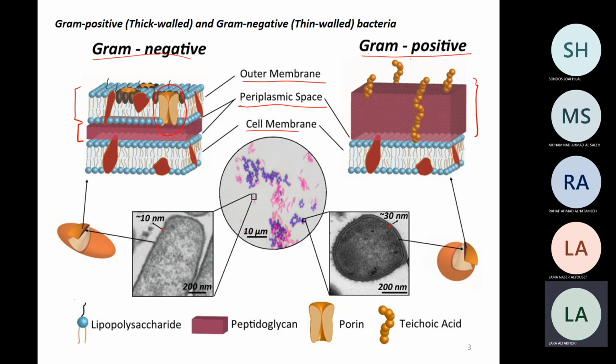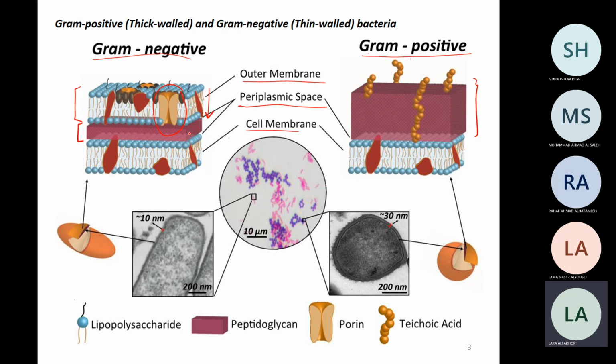يعني early generations of penicillins كانت فقط, let's say, mostly affecting the gram-positive bacteria. It had no activity against the gram-negative bacteria لأنها ببساطة because of the outer membrane was not able to enter and reach the cell wall.